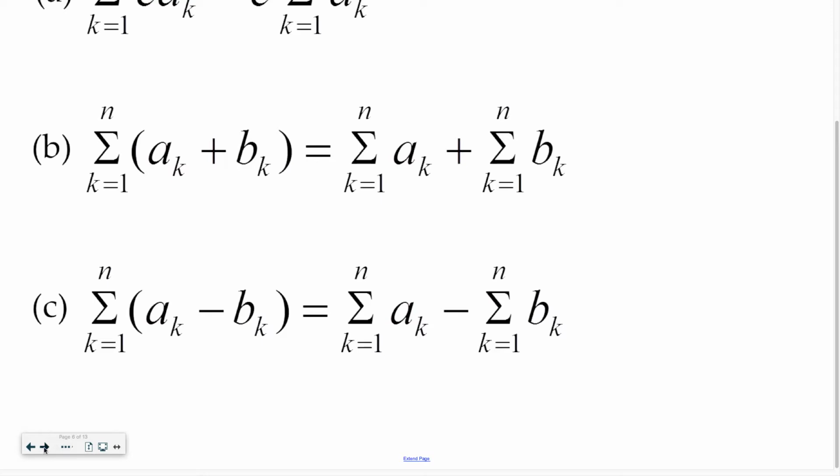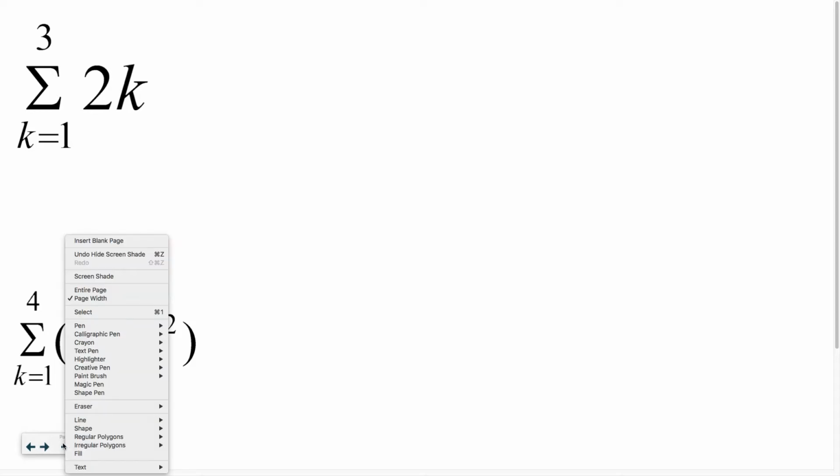So, for example, if we were to have something like this, the sum from k equals 1 to 3 of 2k, this would mean the same thing as if we said 2 times the sum from k equals 1 to 3 of k.